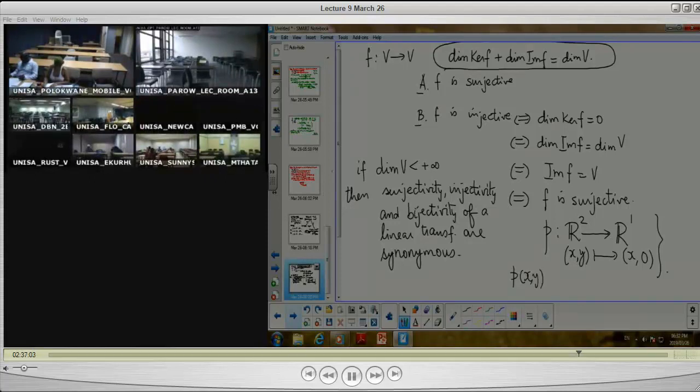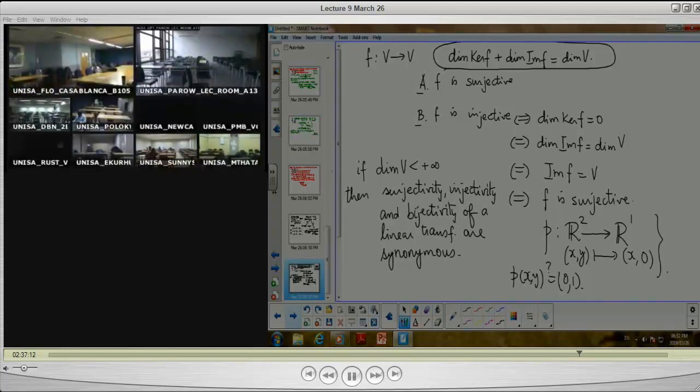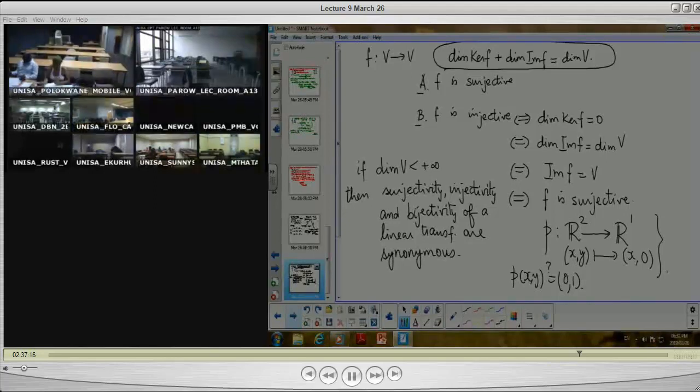Sir, I have a question. It says, without any further computation, state why the following statement is true: a product of two square matrices is invertible if and only if both the square matrices are invertible.